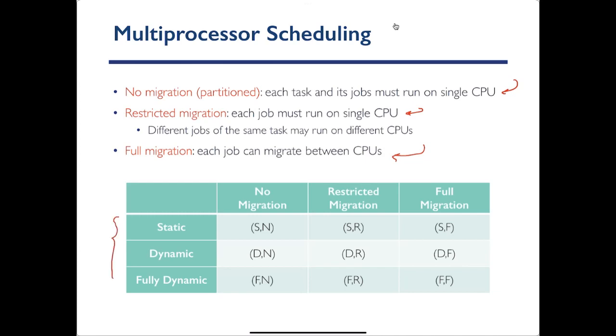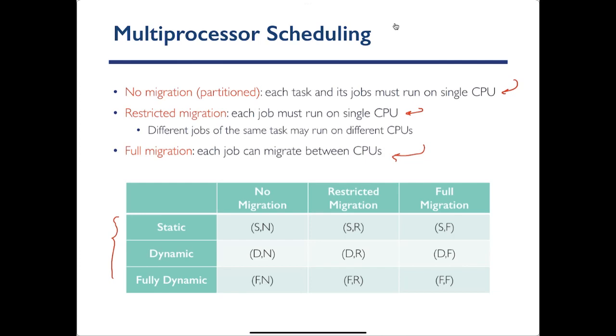So if you remember, static would assign the same priority to all jobs of the same task. Dynamic would allow each job to have its own priority, but then the priority wouldn't change over time. And then fully dynamic would allow each job to have a time-varying priority.